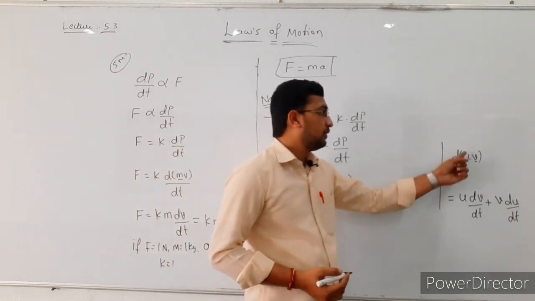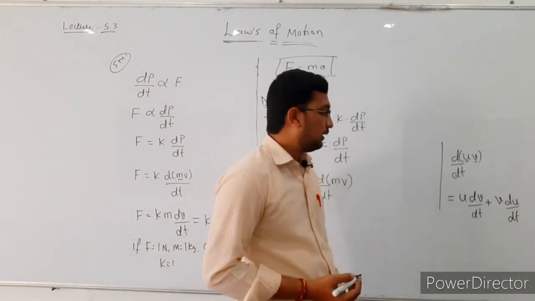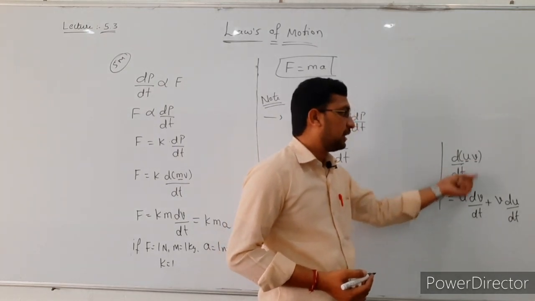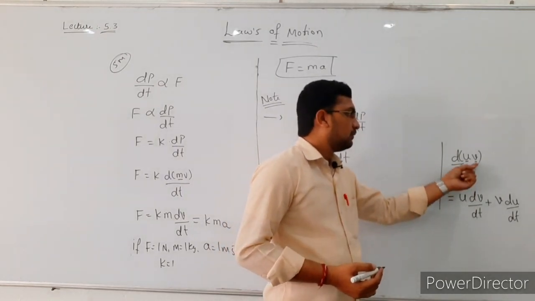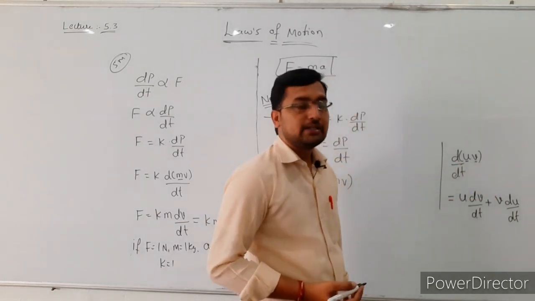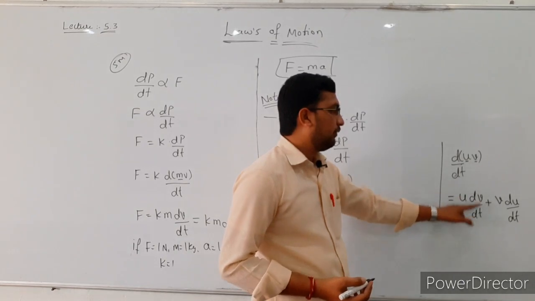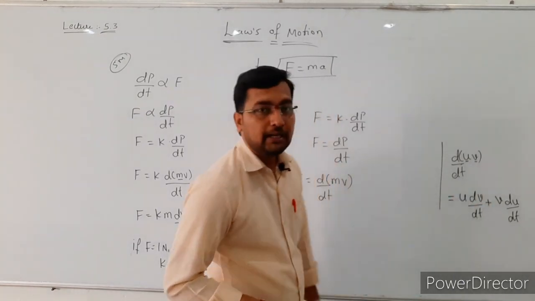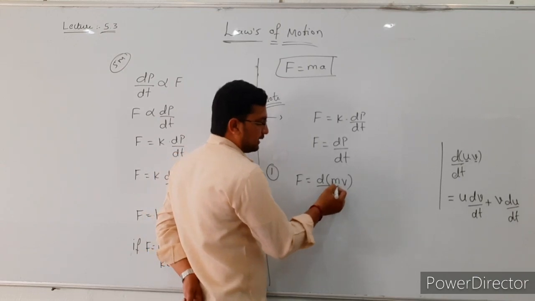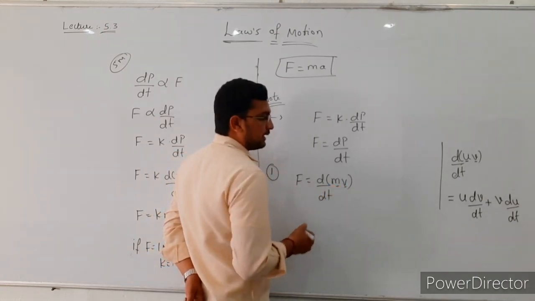So here u is the first term and v is the second term. Keep the first term as it is and differentiate the second term, plus keep the second term as it is and differentiate the first term. So it becomes u into dv by dt plus v into du by dt. Similarly here, mass is the first term and v is the second term.